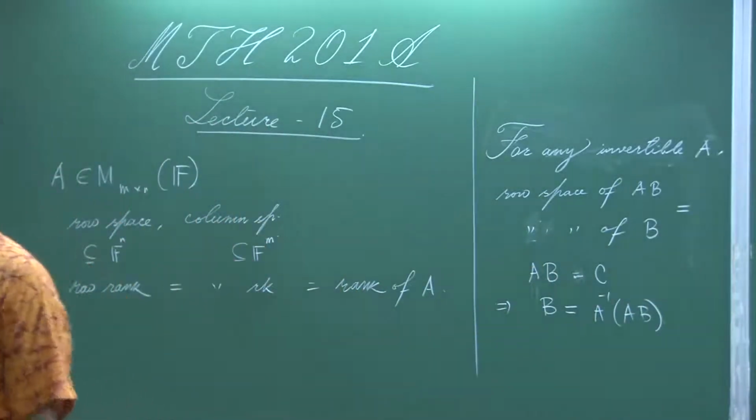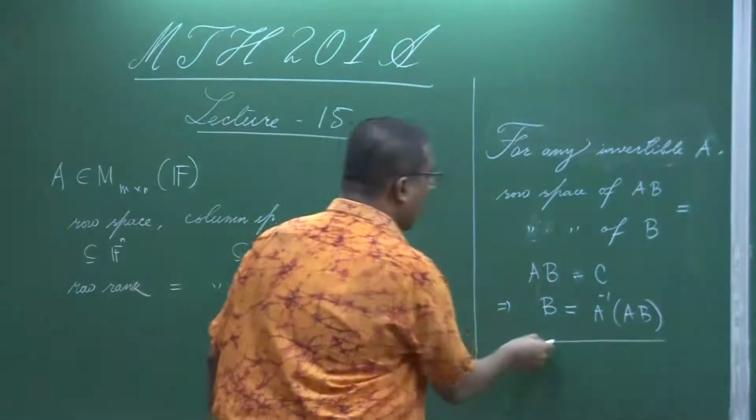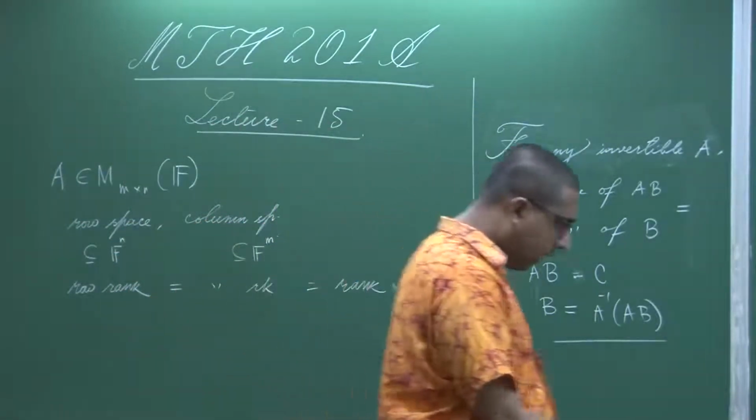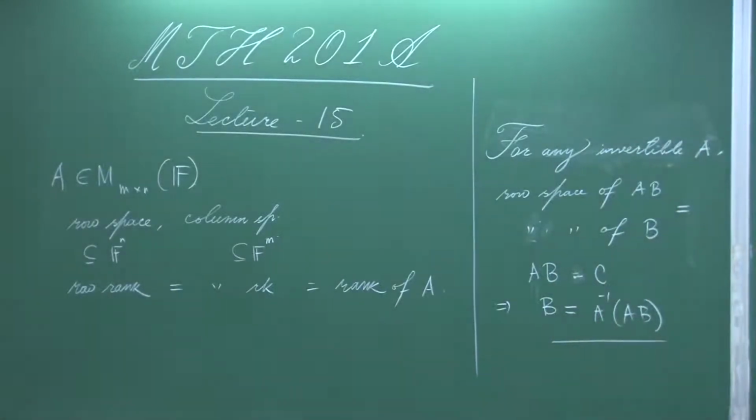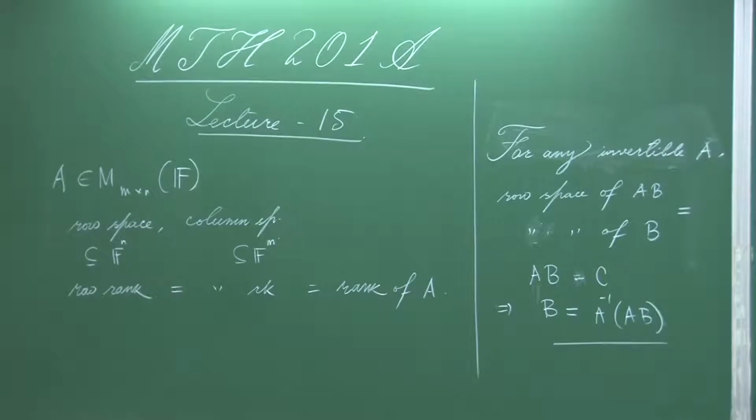So, therefore, the row space of B contains the row space of AB. Thus, if starting with the matrix B we multiply by an invertible matrix from the left, the row spaces of the two matrices do not change.